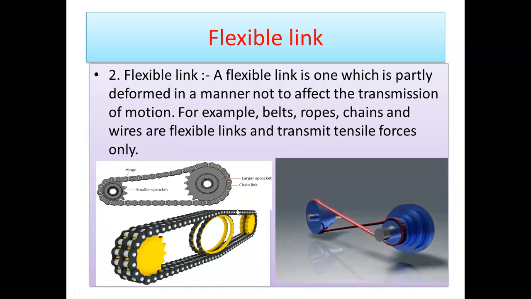Here a flexible link is one which is partly deformed in a manner not to affect the transmission of motion. The examples are belts, ropes, chains, and wires, which are flexible links and transmit tensile forces only.